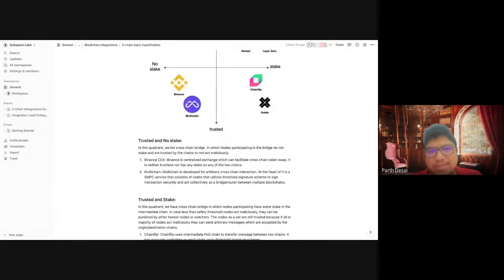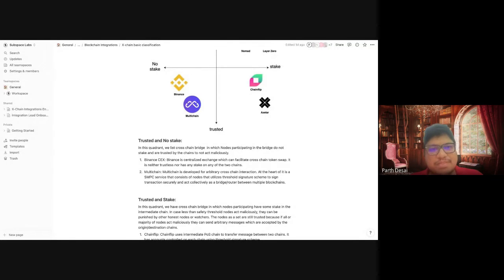Multichain is a special case. I have included it in trusted and no stake because it uses MPC to hold some accounts on source and destination chains and do some operations using an SMPC service.